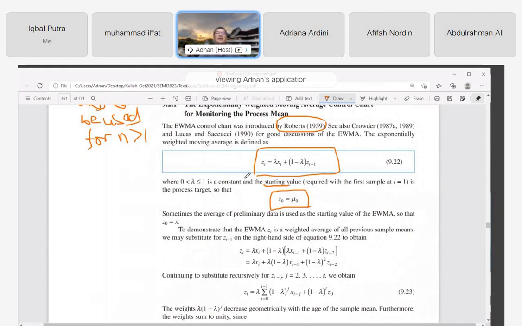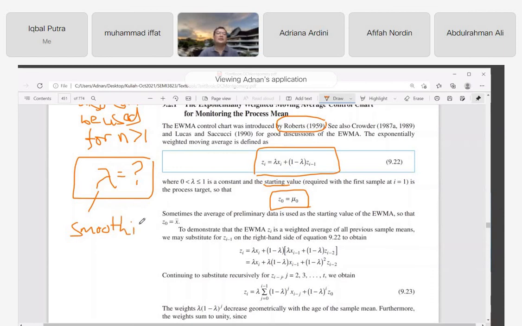So now we need to decide what lambda value to use. In CUSUM we decide H and K, but now the lambda. The lambda is sometimes known as the smoothing constant. We also call it the smoothing factor. Smoothing constant is a constant. And the value of lambda can be between 0 and 1.